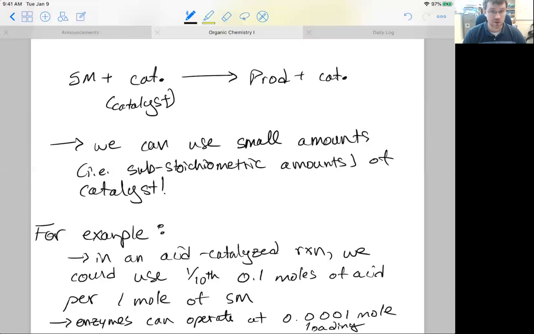So if you have 1 mole of starting material, you could be down to 0.0001 moles or 0.1 millimoles of catalyst being added, which is great because then we don't have to spend a lot of time, money, and resources developing these catalysts.